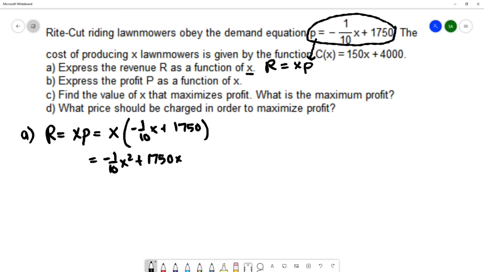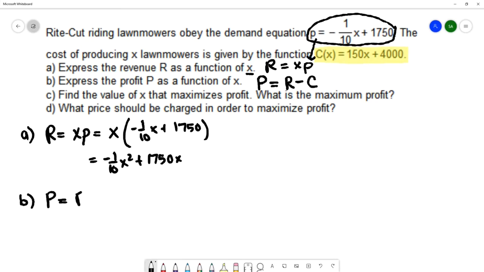We also have another business formula that we need, and that is that profit, that's a capital P, is revenue minus cost. So in part A, we built the revenue function, and earlier in the problem, we were given the cost function. So we will be able to find the profit function.